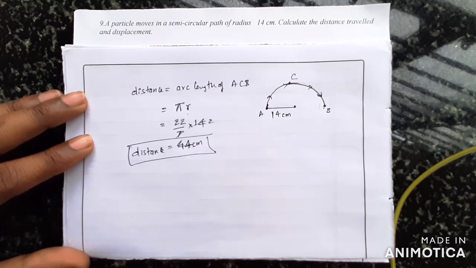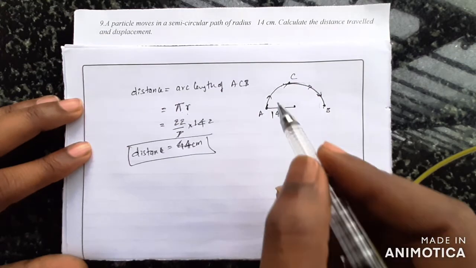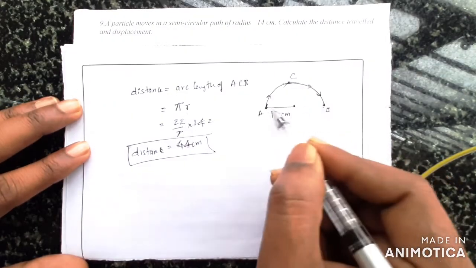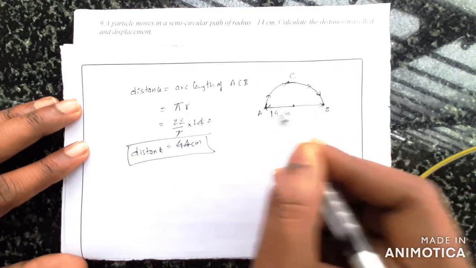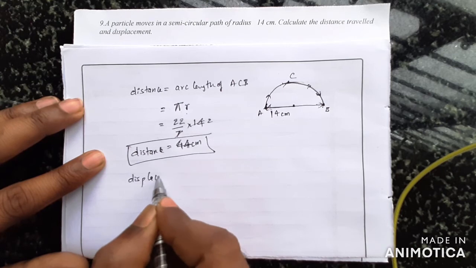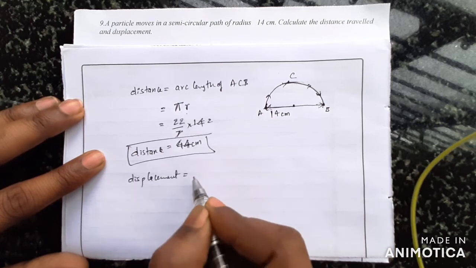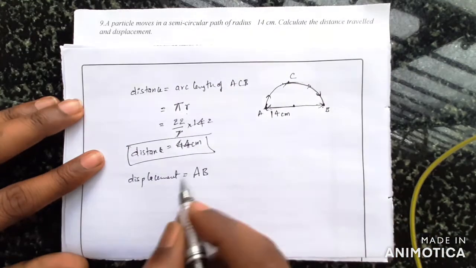Next, how about the displacement of the body? Displacement is the shortest distance between A and B, the shortest length between A and B, which is the diameter. So displacement is equal to the length of the line AB, which itself is the diameter.